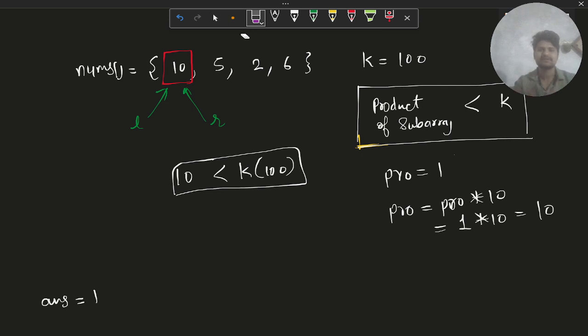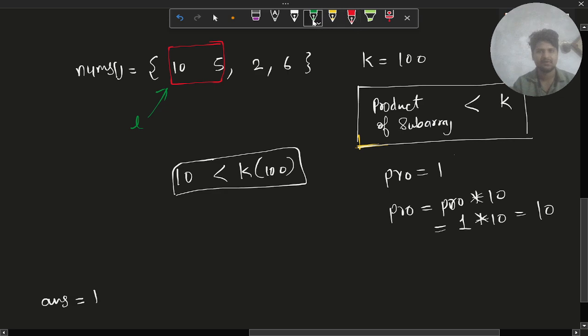Whenever the condition is satisfied, I will increase my window. Increasing the window means adding an element, which means I am going to increase my right pointer. So my window now becomes this, and my right pointer is now pointing to this index.